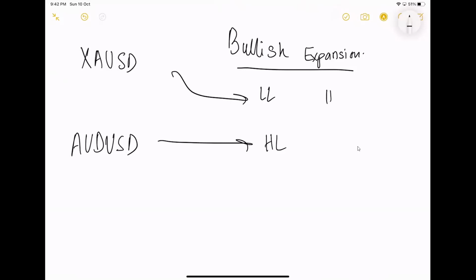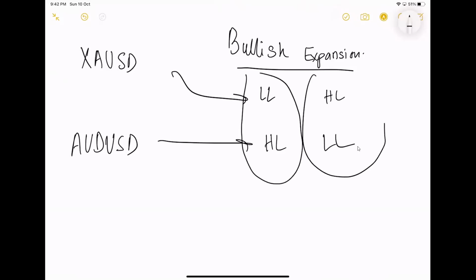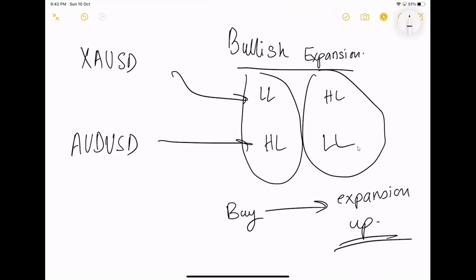Or this higher low, and this one to make a lower low. So when you see these happening only, that is when your buy immediately leads to an expansion up.